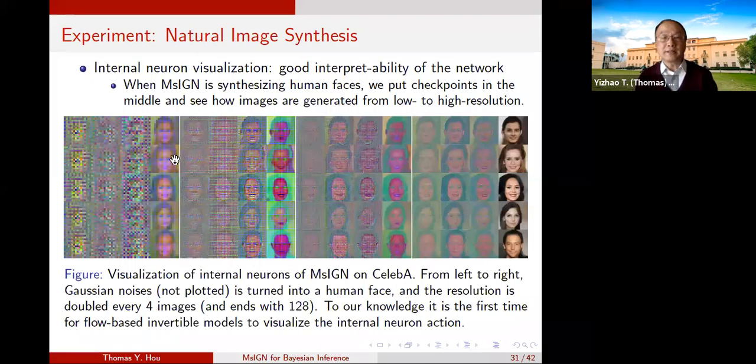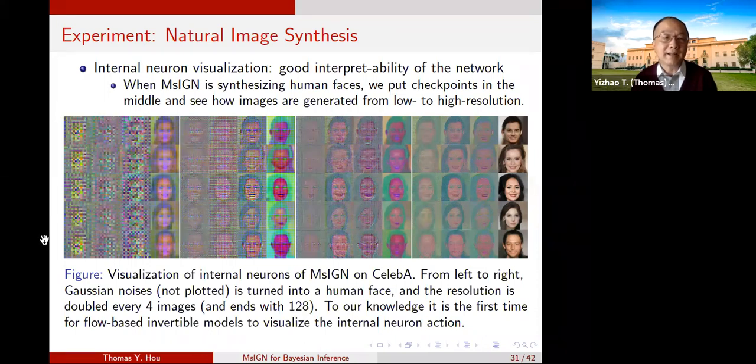We also checked how the intermediate steps in the deep generative network work. Do they produce something meaningful? That's what we call interpretability. Throughout the deep neural network, we put in some checkpoints. This is a coarse grid, and this is the next level, like 8 by 8, 16 by 16, 32 by 32, 64 by 64, and so on, with different checkpoints within each resolution.